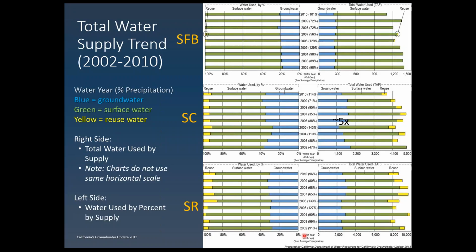Their ratio is relatively similar to South Coast and running about twice. Groundwater is running about twice the ratio of what we see in the San Francisco Bay Area. Another thing is that they use about 8 times as much groundwater in the Sacramento River as they do up in the San Francisco Bay.